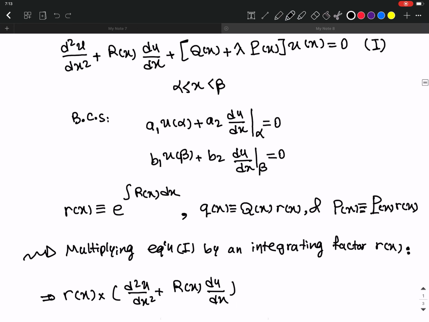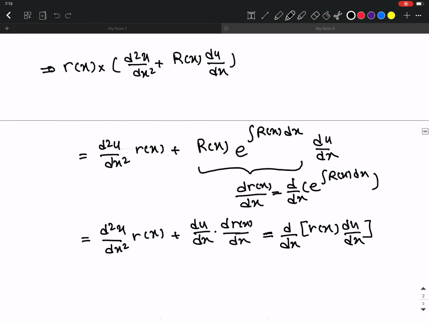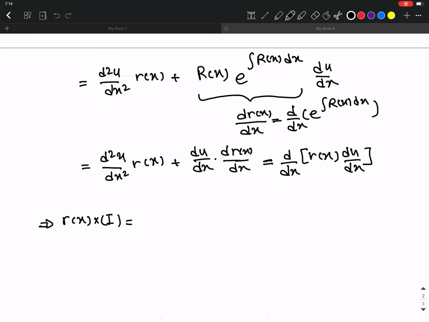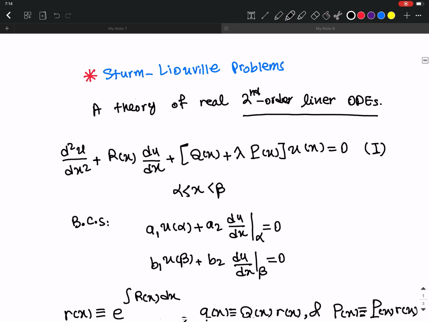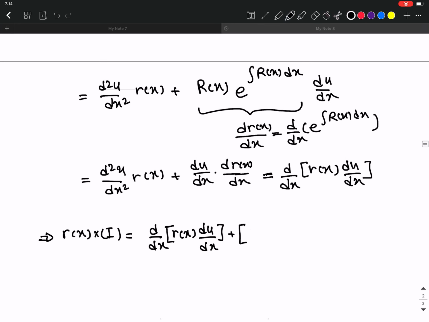I'm just going to write these down where we have them and rearrange all the terms. So the multiplication by r(x): r(x) times equation 1 yields, the first two terms are going to be this one, d/dx of r(x) du/dx, plus the next two terms, which are small q(x) plus lambda small p(x), times u(x) equals 0.